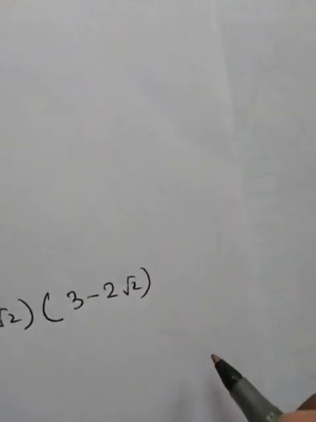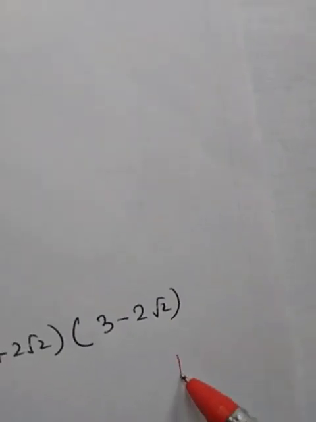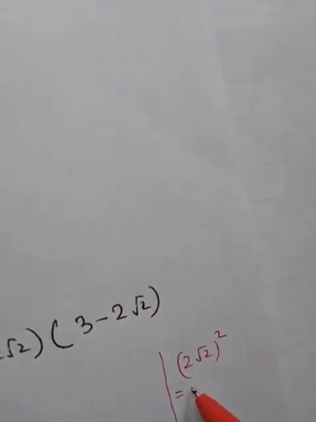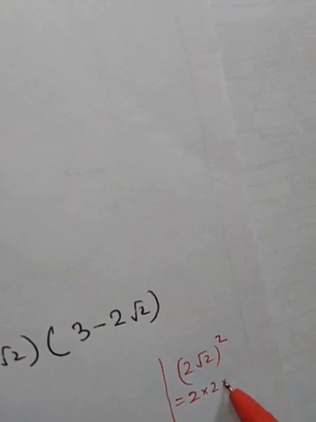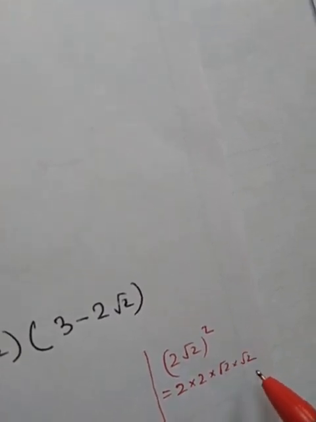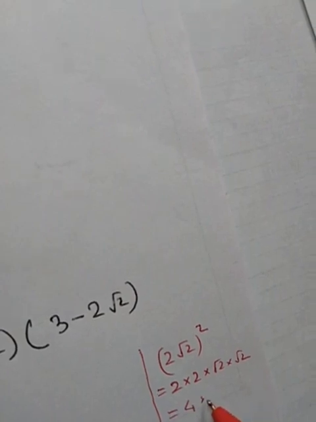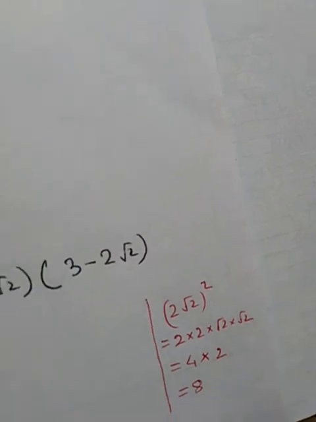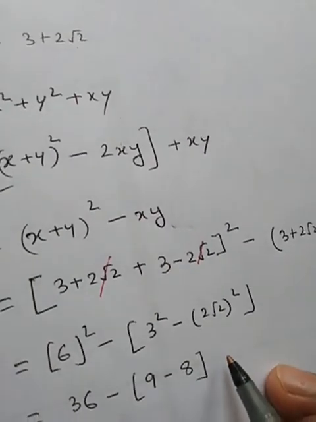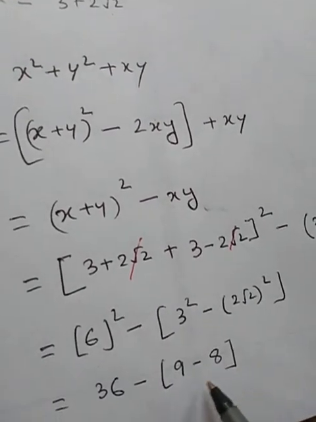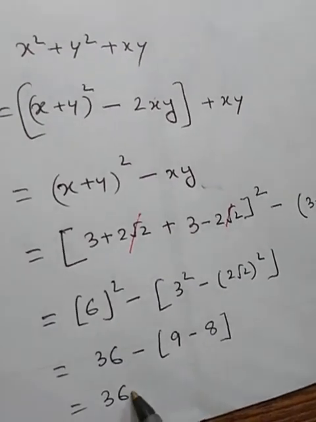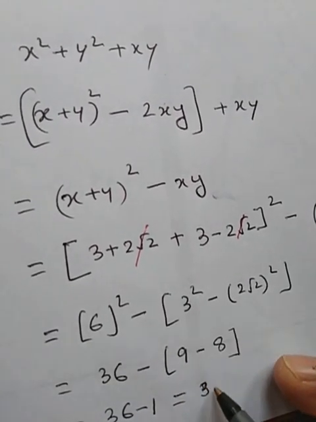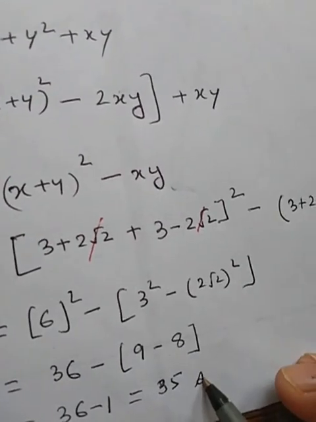I can show here, 2 root 2 square is 2 into 2 into root 2 into root 2. So 2 2 will become 4 and root 2 root 2 will become 2. So it becomes 8. So that I have put here 9 minus 8. So 9 minus 8 is 1. So 36 minus 1 and the final answer is 35. That's all.